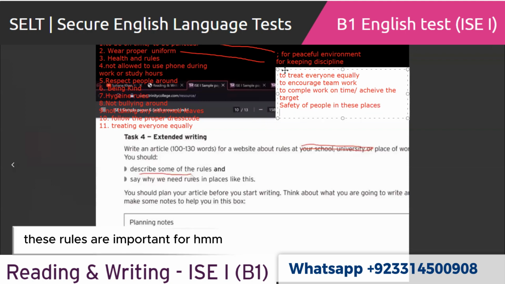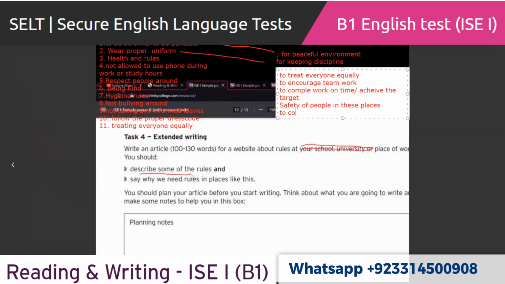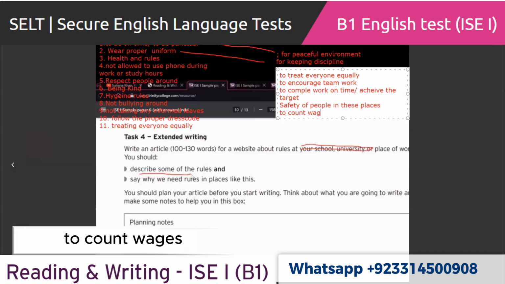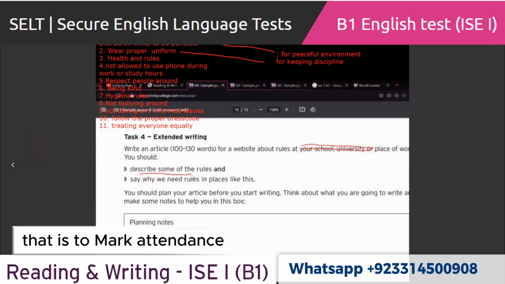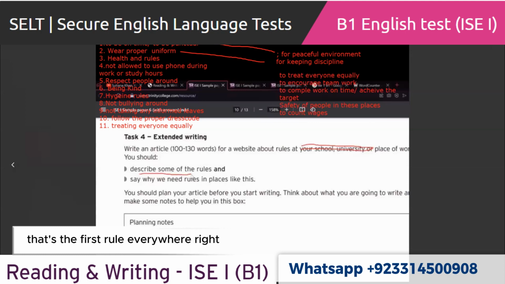These rules are important for your good discipline, for your good wages, to count wages. Because I think you forgot one rule, that is to mark attendance. That's the first rule everywhere, right? Marking attendance.